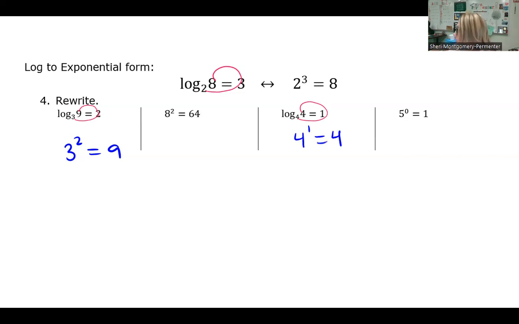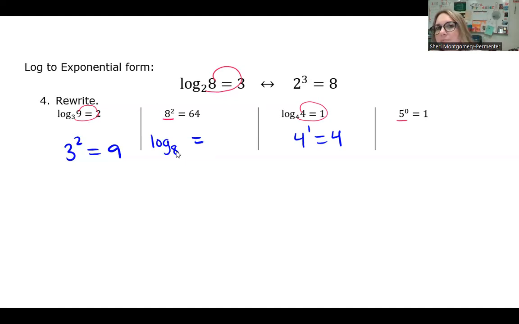Then, okay. The other ones, these aren't as easy for me. So the way that I start with these is I always start with that base. So I start with the base, and I know that it will always be log of that base. And so I kind of work backwards to fill the pieces in.